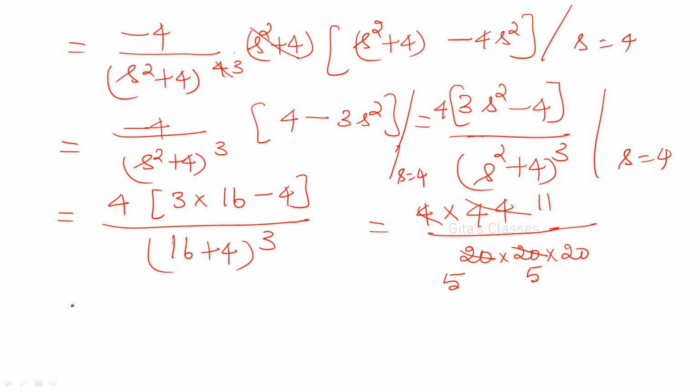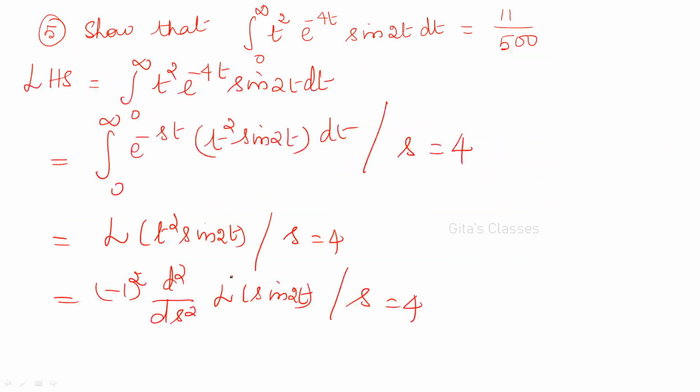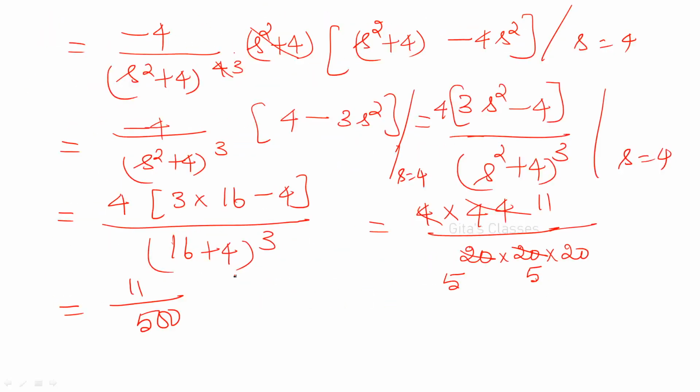So it will be 11 divided by 5 5s are 25, 25 into 20 is 500, 11 by 500. This is what you have to prove, right? 11 by 500 we got. Okay, this is the answer.